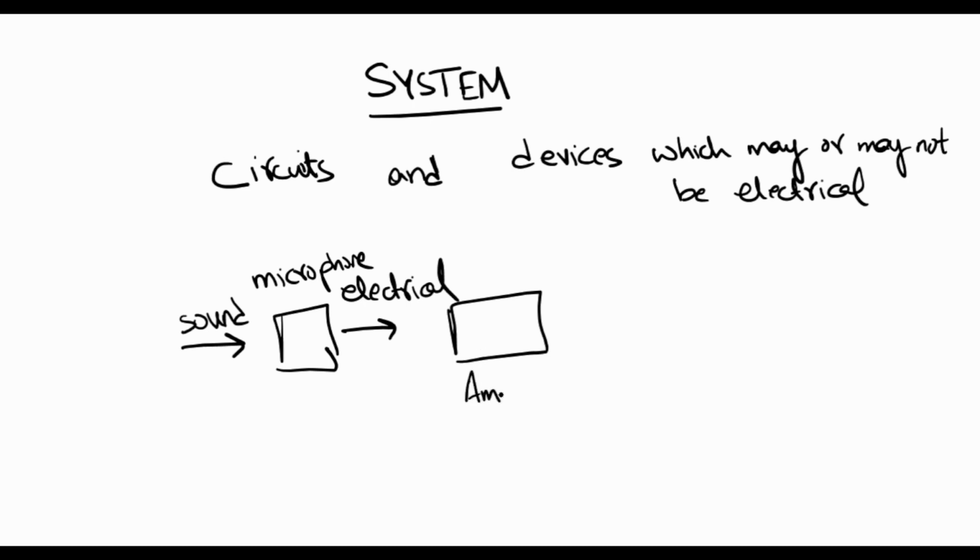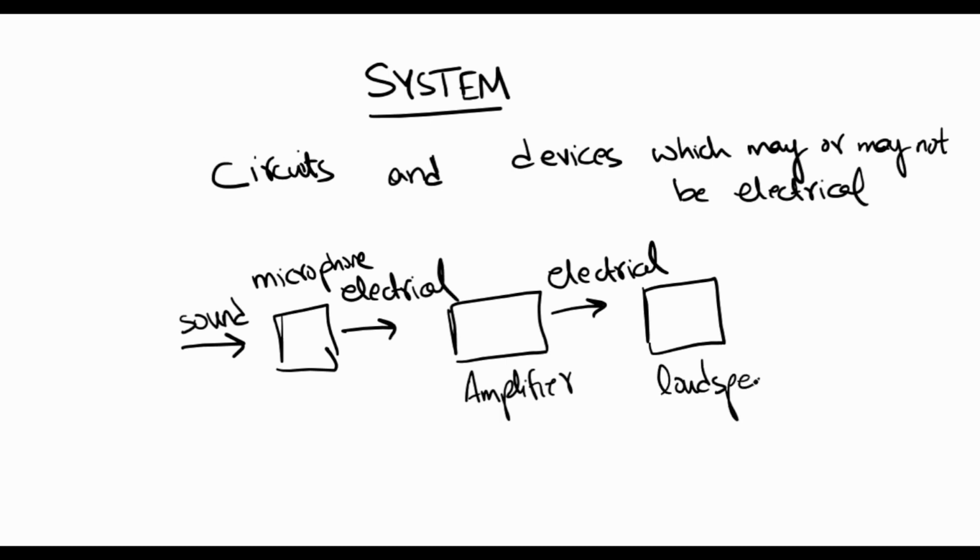So this is an amplifier, which is actually an electrical device. It amplifies the electrical signal into another electrical signal. And then I also have a loudspeaker, which is not an electrical device, it is a transducer.